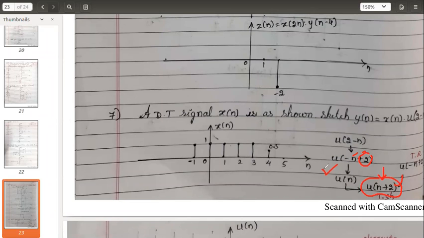You just change the times negative to positive and vice versa. If you do that, you will get this second part of the signal. Then whatever answer you get, multiply that with given x of n. So totally shifting and reflection, two operations. In x of n there is no operation involved, take it as it is. These two operations and one multiplication operation. Totally 3 operations are involved.